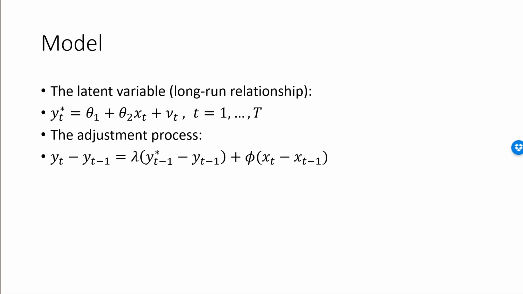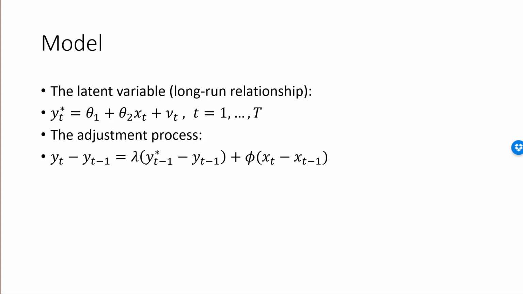Let's say that the equilibrium value in the previous period, yt minus 1 star, was 105. Then the first parenthesis would be 5 units. We are 5 units below the equilibrium value in the previous period. The error correction model then says that that will imply a change in y in this period, but there will only be a partial change.